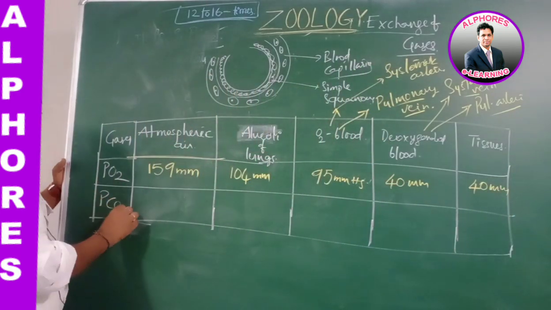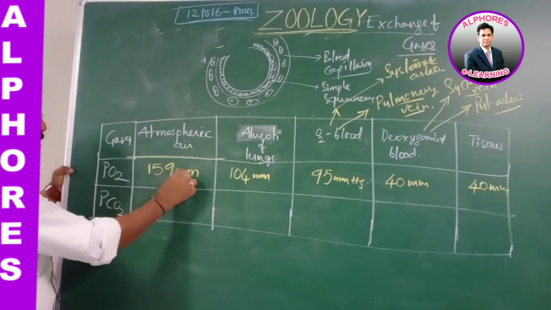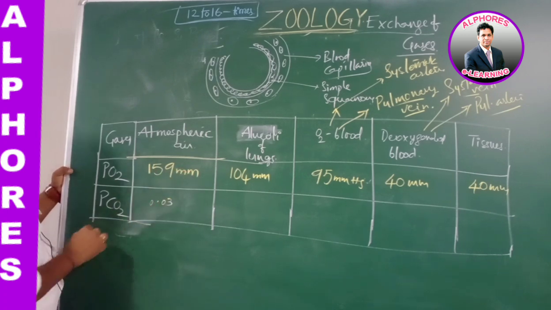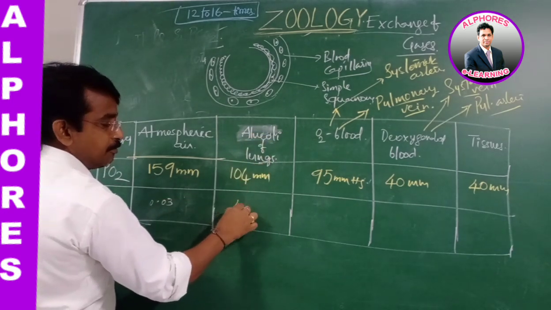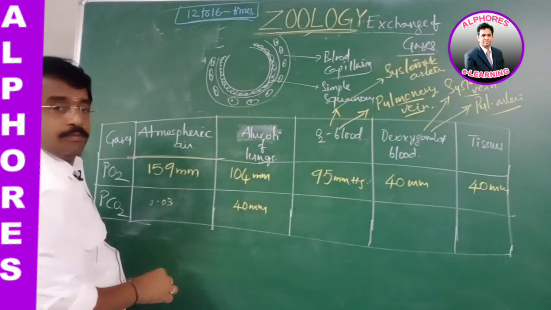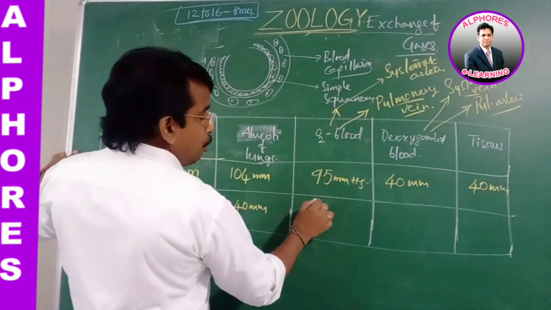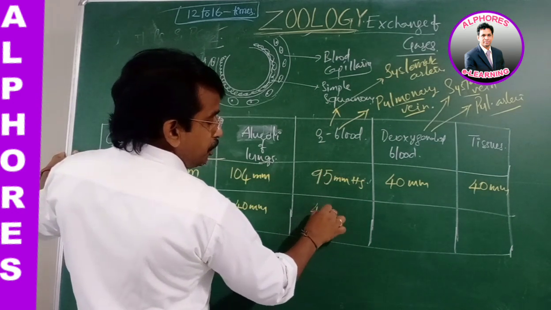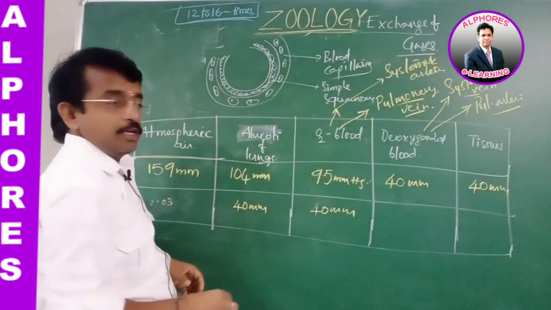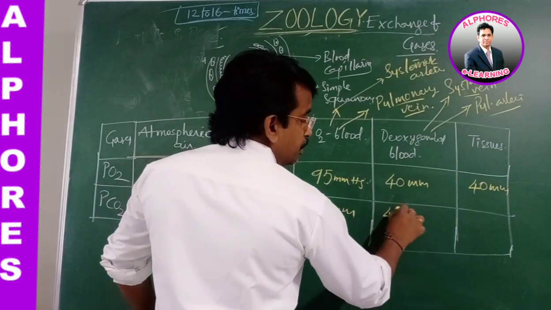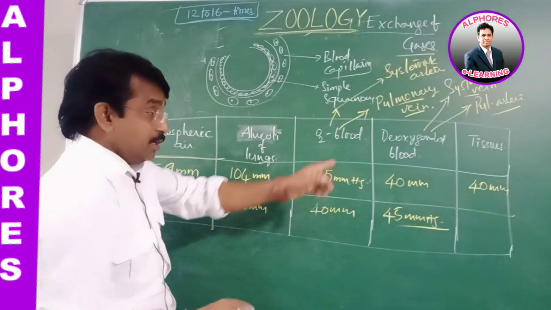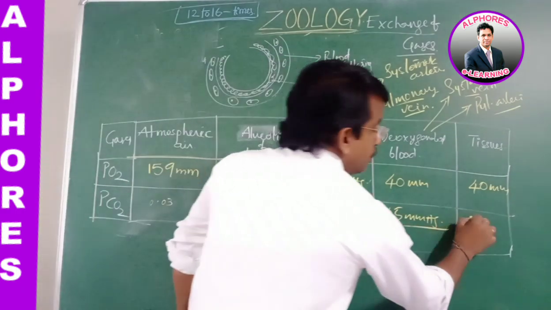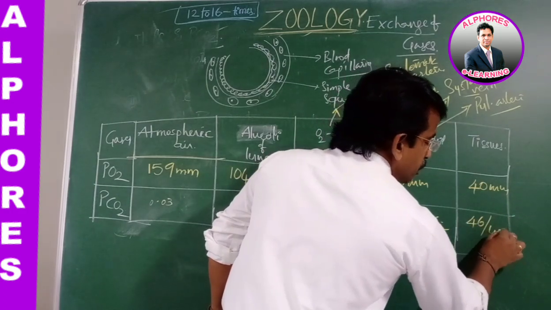The partial pressure of carbon dioxide is 0.03 in the atmosphere, and in the alveoli of the lungs 40 mmHg. In oxygenated blood it is 40 mmHg, and in deoxygenated blood 45 mmHg. So now it is clear, 46 or 45 we can say.